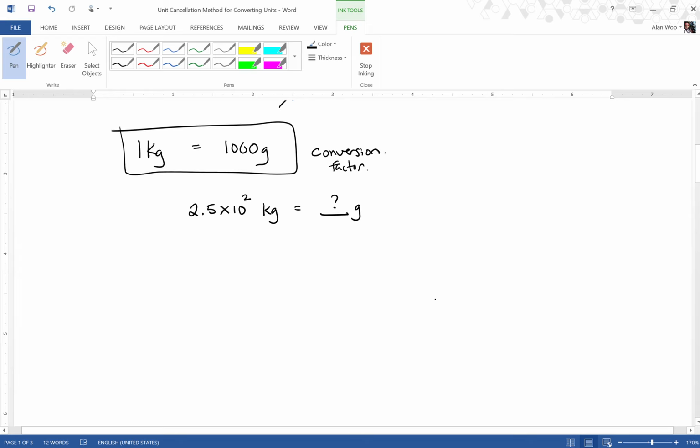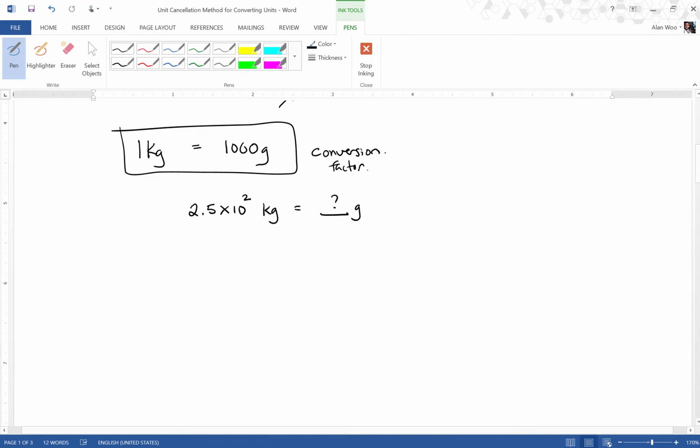Well, if you're typing this into your calculator, you can do that, you just need to do it properly, and in the next video I'll teach you how to punch it in properly. The other way of doing this is to figure out what the expanded form is. 10 to the power of 2 is basically 100, so you're taking 2.5 times 100, which equals 250.